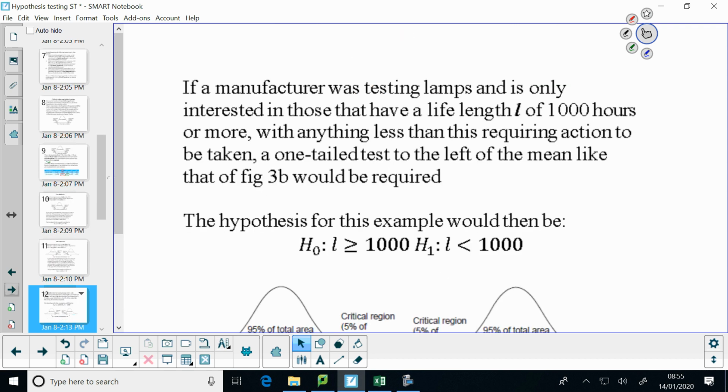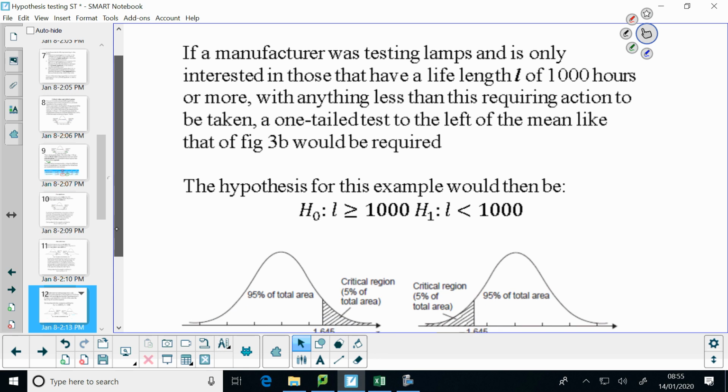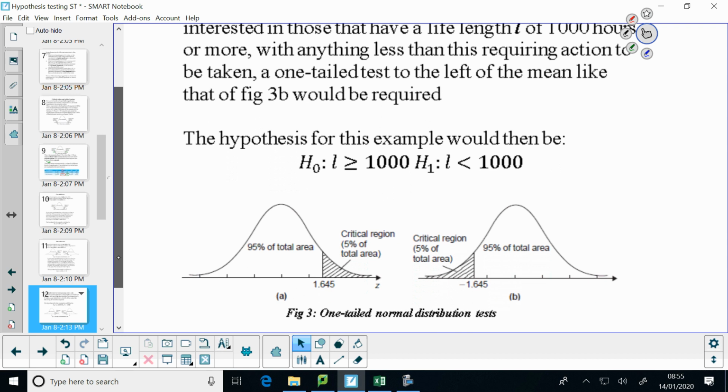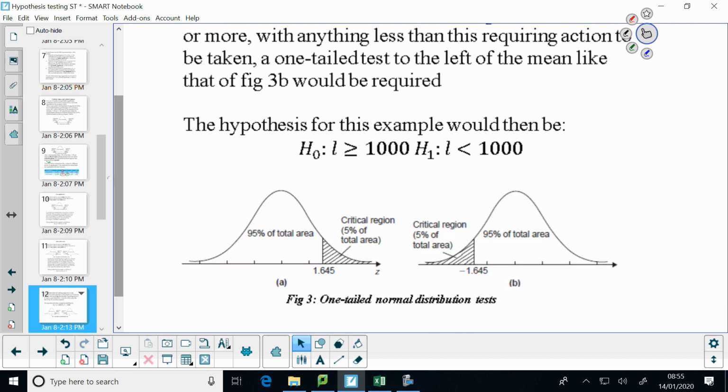If a manufacturer was testing lamps, this is the other side, and is only interested in those that have a life length L of 1,000 hours or more, with anything less than that requiring an action to be taken, a one-tailed test to the left of the page, that figure B. So here we're looking for values below because we want to know if we're falling to less than 1,000 hour lamp life, and then we're going to do something about that.